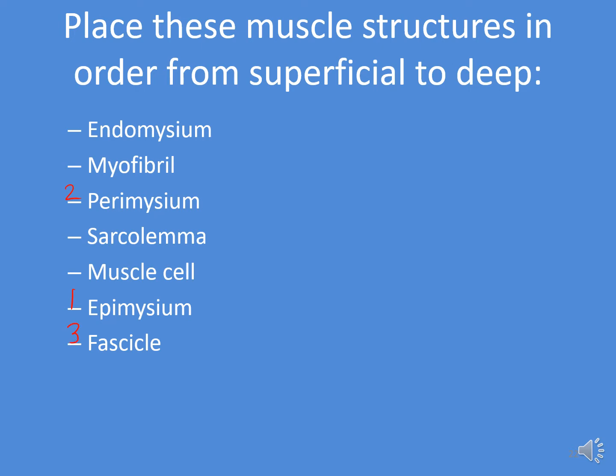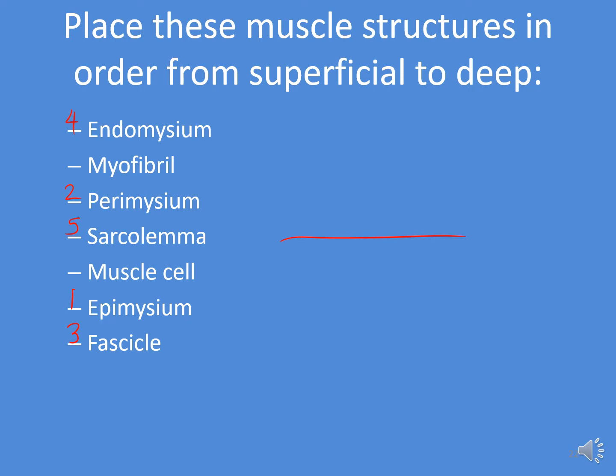The fascicle includes muscle cells, but we know that each one of them is encapsulated by their own endomysium. The endomysium is like having on a long sleeve jacket. So that long sleeve covers over your skin, and you might think of the skin of the muscle cell as the sarcolemma. So let me draw it this way for you.